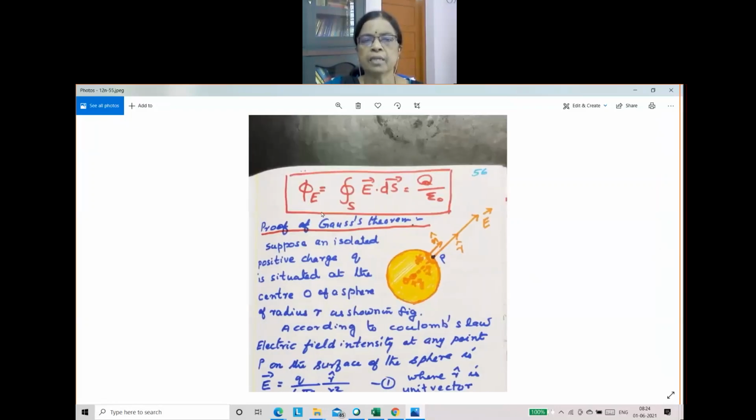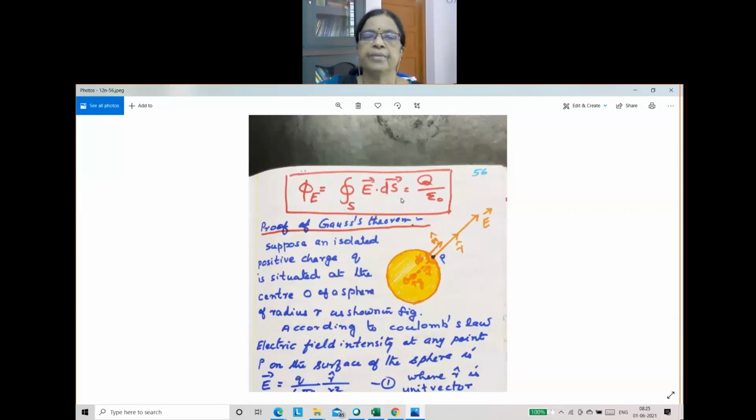See, this is the statement. The total electric flux is equal to the surface integral. How is it read? Integral over the closed surface S of E dot ds equal to Q by epsilon 0, where Q is the net charge enclosed within the surface.